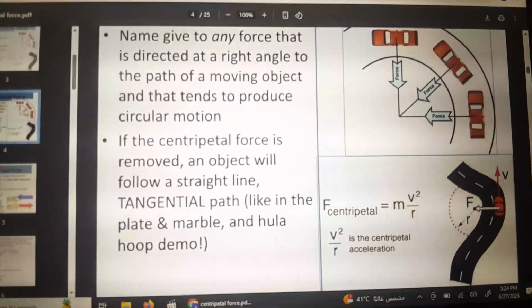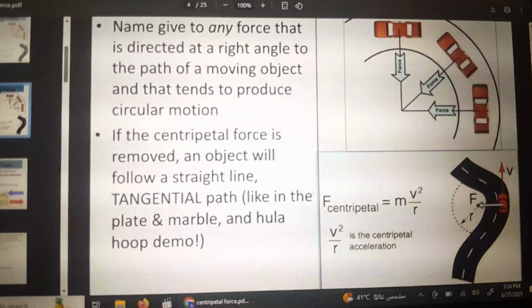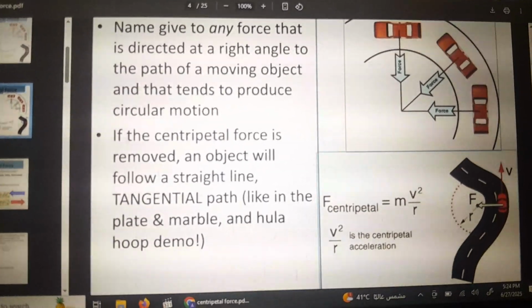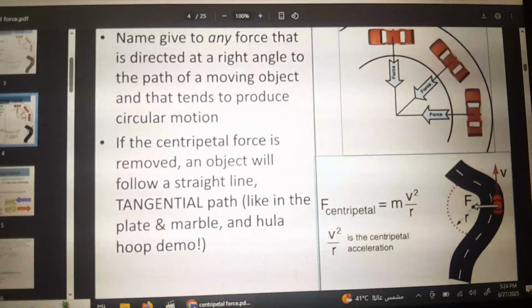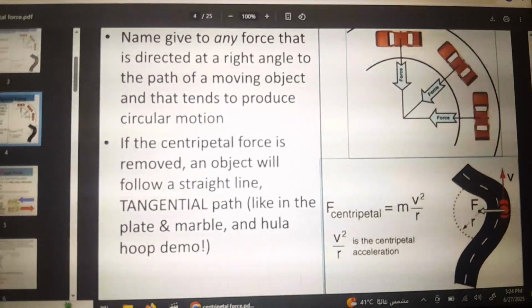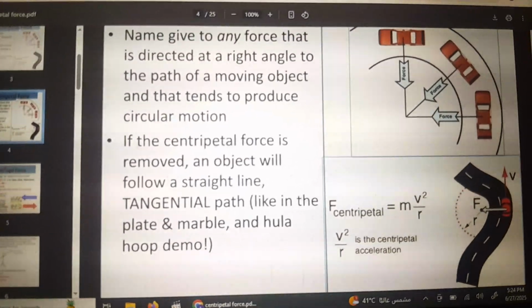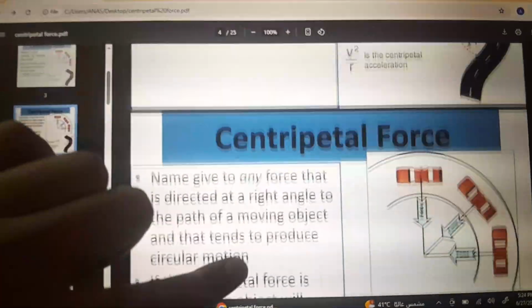So the centripetal force is provided to the satellite. Whatever object revolves or moves in a circular path needs a force, and that force is the centripetal force.